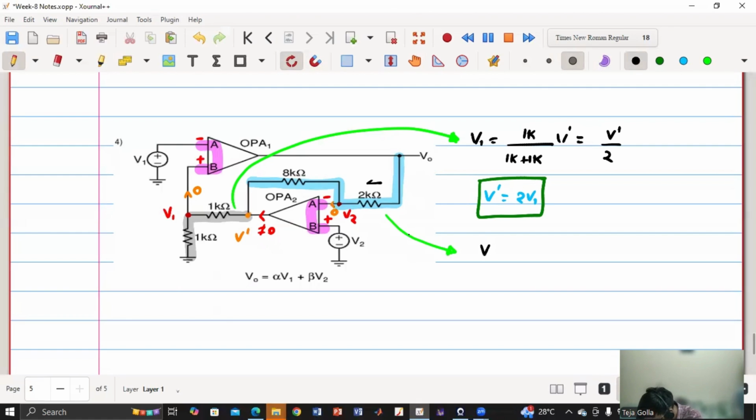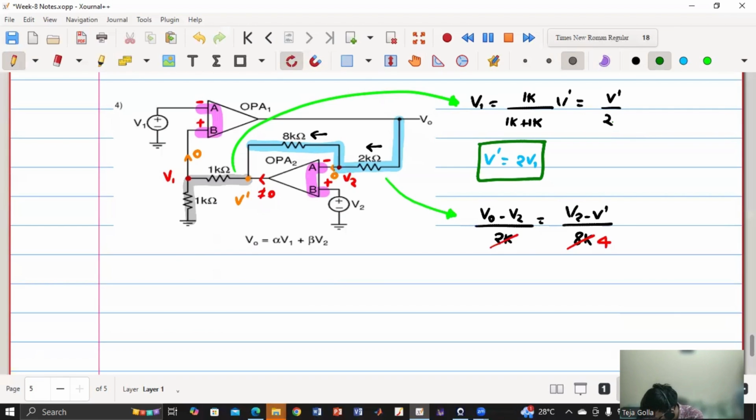So I will assume the direction of current is something like this. So (V0 minus V2) by 2 kilo ohm is equal to (V2 minus V dash) by 8 kilo ohm. Agree? So this will get cancelled by 4 times. And if you substitute this in this expression, I will get V0 minus V2 is equal to (V2 by 4) minus V dash, which is 2V1 by 4.